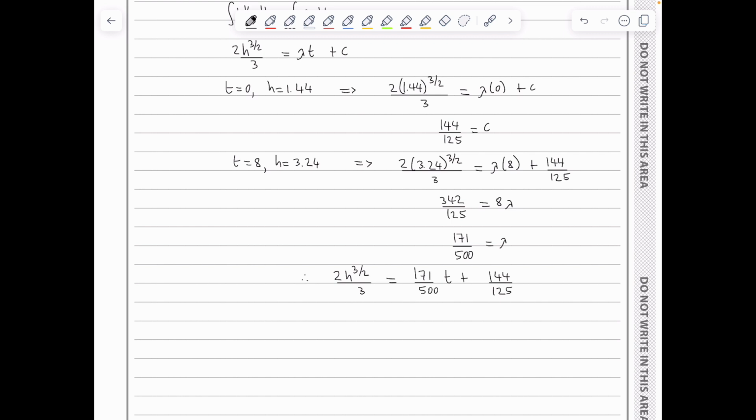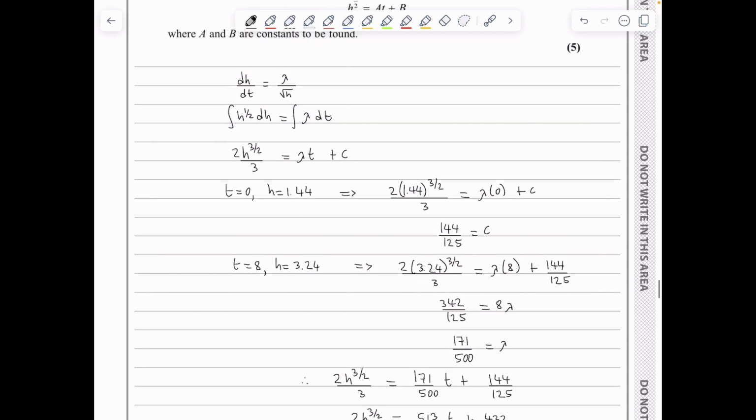I can then proceed by multiplying throughout by 3 to get 2h to the 3 over 2 is equal to 513 over 500 t plus 432 over 125, and if I divide by 2 I get h to the 3 over 2 is equal to 513 over 1000 t plus 216 over 125.